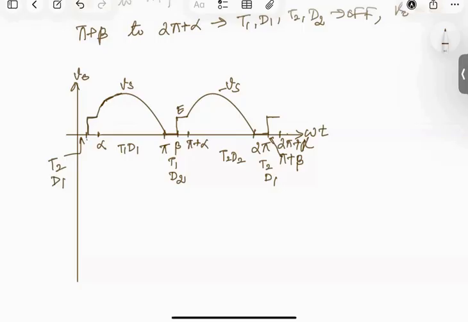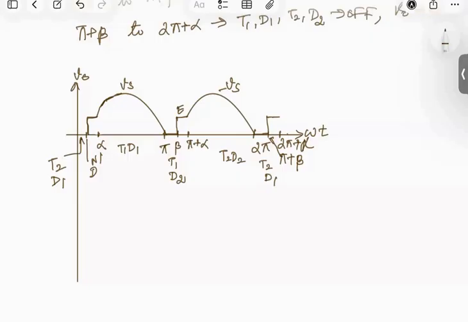During this period, no device will be in the on condition, at which the output voltage is equal to E. From alpha to pi, T1 and D1 are on, which allows the V0 to follow Vs. From pi to beta, we will have the freewheeling action, so output voltage is 0.